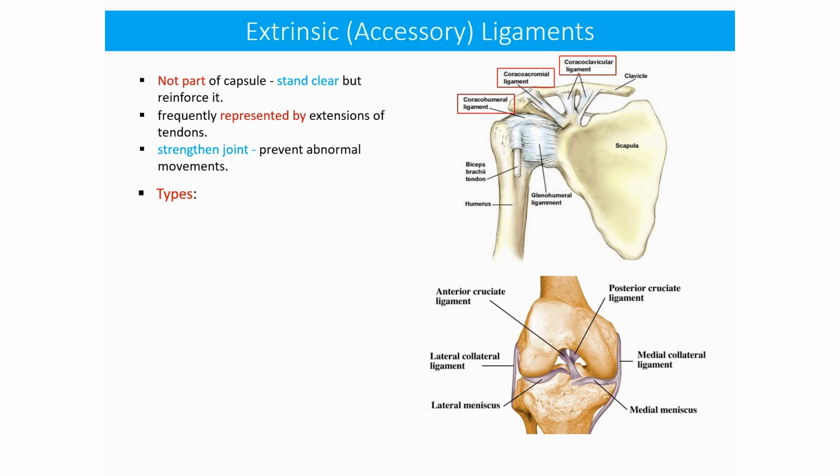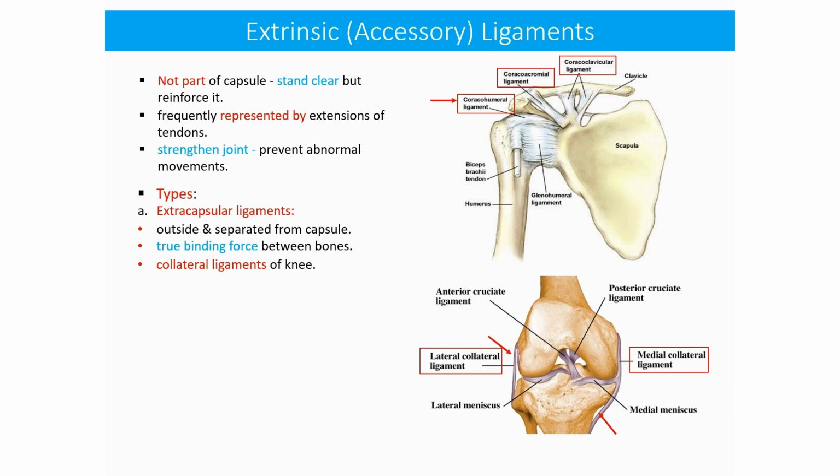They are divided into two groups, extracapsular and intracapsular ligaments. The extracapsular ligaments stand outside the capsule and are separated from it. They are the true binding force between the bones forming a joint.